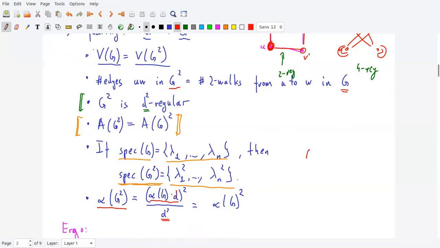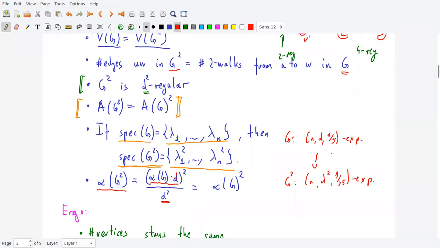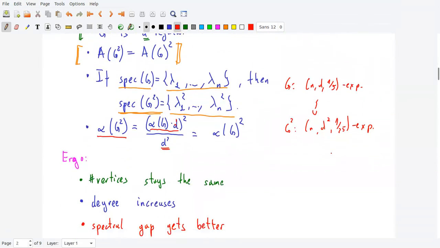So for instance, if G is an (N, D, 1/5) expander, then G square is an (N, D square, 1/25) expander. The number of vertices stays the same, the regularity goes up, and the spectral gap becomes better because it becomes squared.